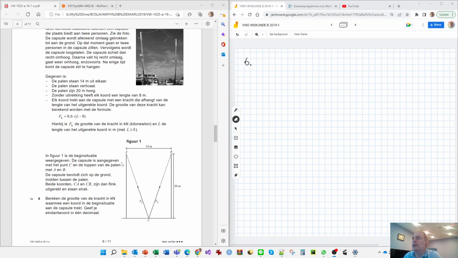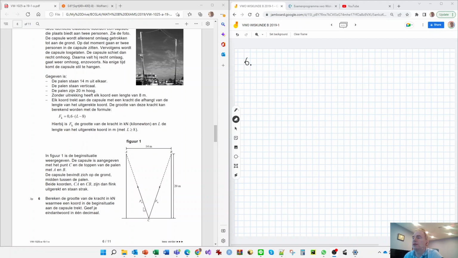The length of each is 8 meters if they're not stretched. And each one will be pulling on the capsule with a force Fk.